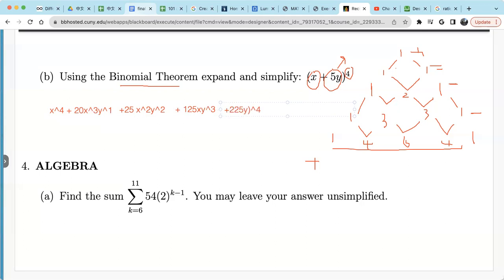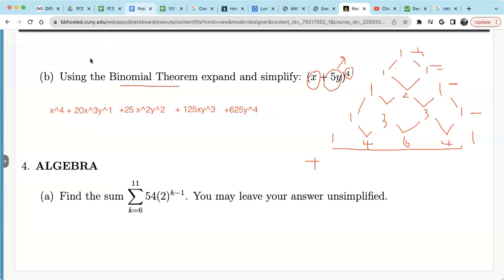Let me double check. What I remember is 25 times 25 is 625, not 225. 225 is 15 squared. So 5 raised by 4 is 625, and y raised by 4 is y raised by 4.